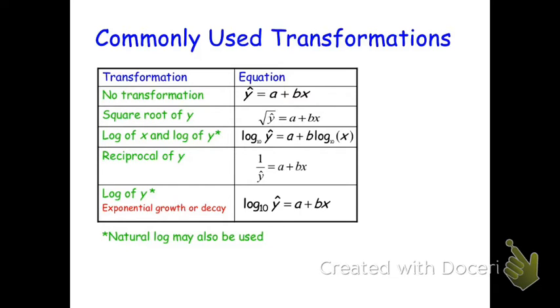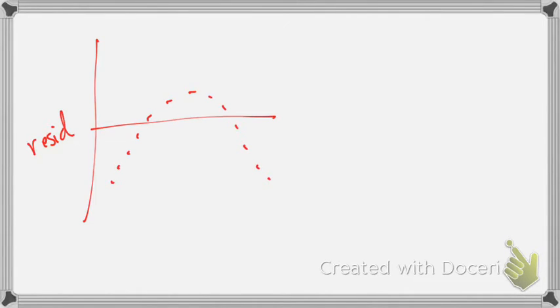You may look at a scatter plot that looks linear, but when you plot the residual plot, it has some sort of pattern, maybe like this. That means your data is not linear and a linear regression would not be appropriate. So from there, you would need to move on to one of these transformations.